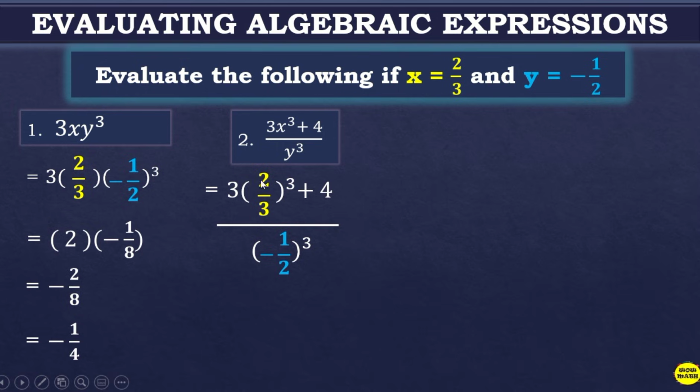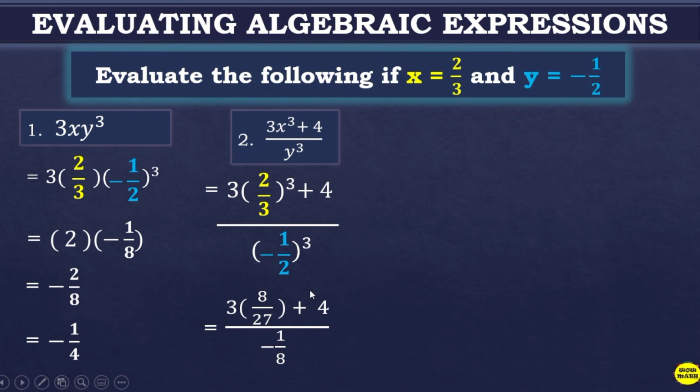Okay? So, anong gagawin natin dito? This means tatlong 2/3. So, 2/3 times 2/3 times 2/3. So, 2 times 2, 4 times 2, 8. So, we will have 8 over 3 times 3, 9 times 3, 27. Kasi cube. Okay? And then this one, 1 times 1, 1 times 1, 1. 2 times 2, 4 times 2, 8.